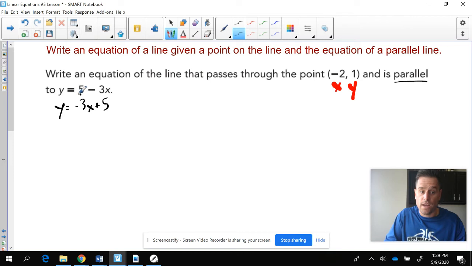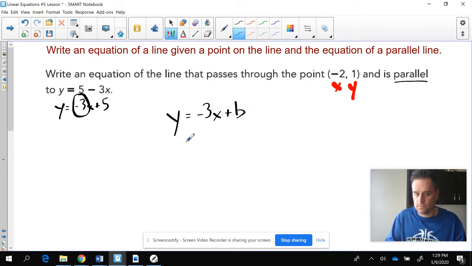So again, what do we know? We know if it's parallel, it has the same slope. So we know the slope. But we don't know where it hits that y-axis. So how do we figure it out? We just plug in our numbers. X is -2 plus b. We have all the pieces of information to solve this except for the y-intercept.